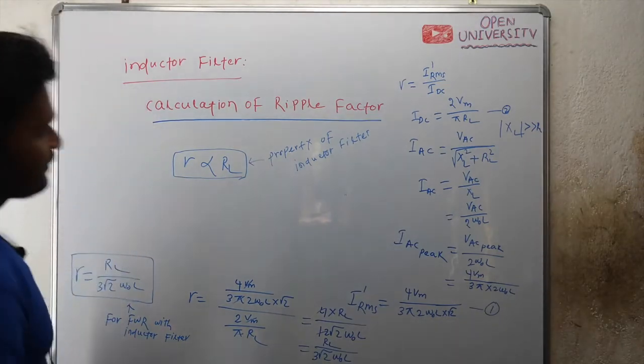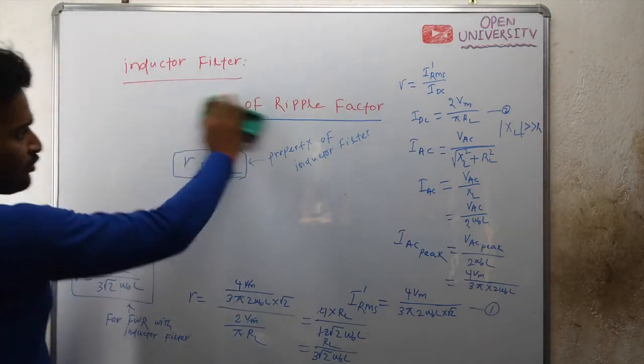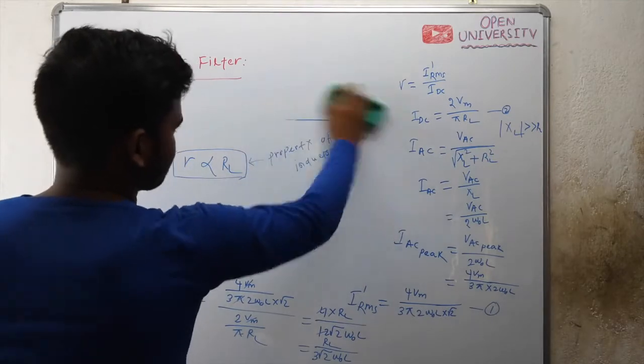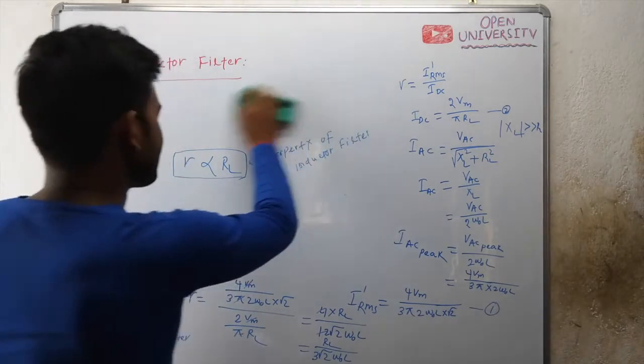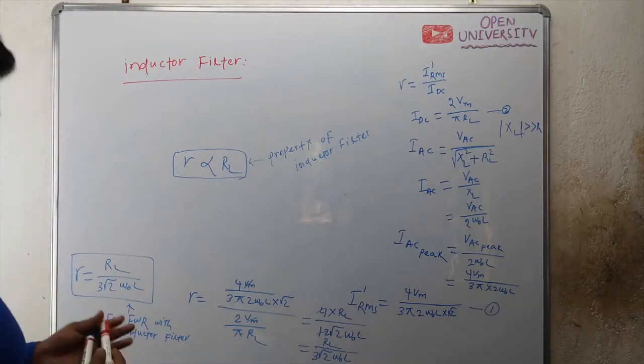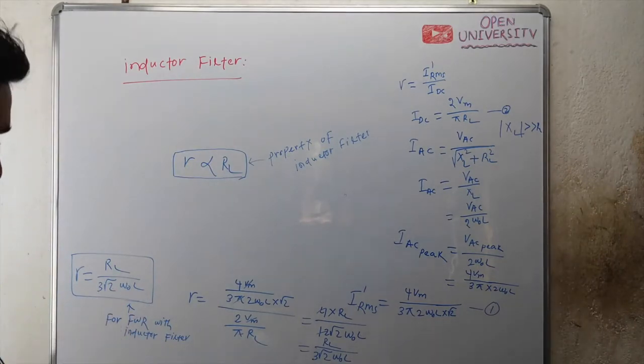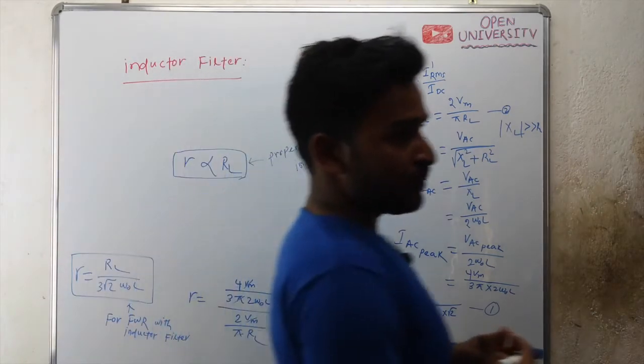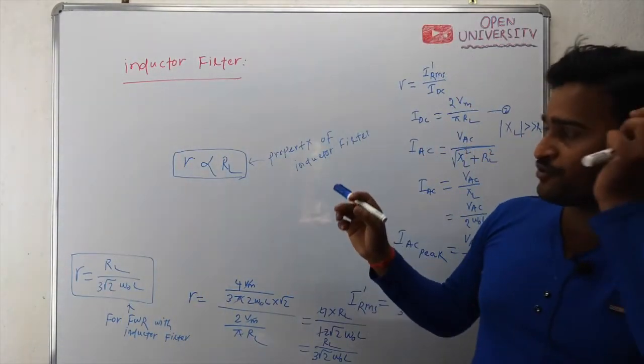Then take the heading under inductor filter, DC output voltage. How much DC voltage is obtained in the output of the inductor filter? When you connect an inductor filter with your full wave rectifier, how much DC voltage do you get?